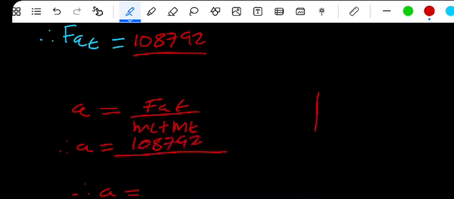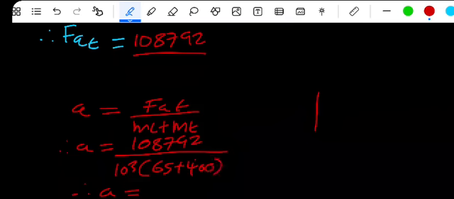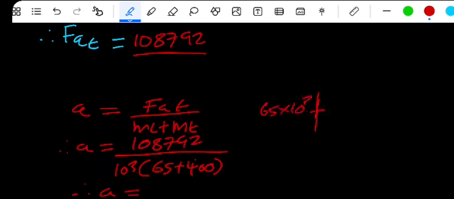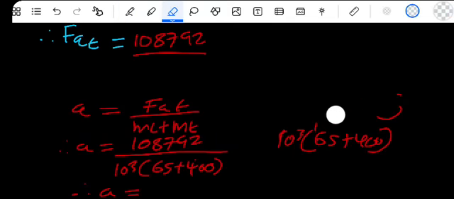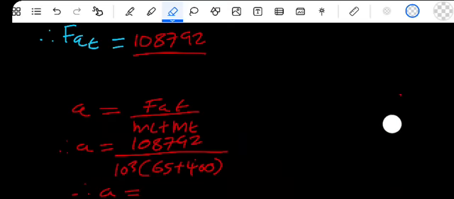The mass is still the one, times 10 to the power of 3, 65 plus 400. Why I did this, guys: because 65 times 10 to the power of 3 plus 400 times 10 to the power of 3, this is a common factor, so I just took that as a common factor. Do not worry. Remember, the masses must be in kilograms.